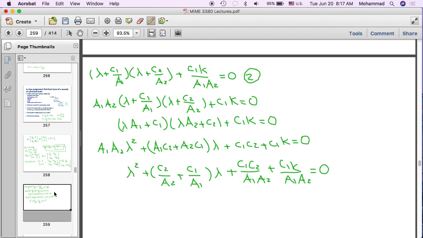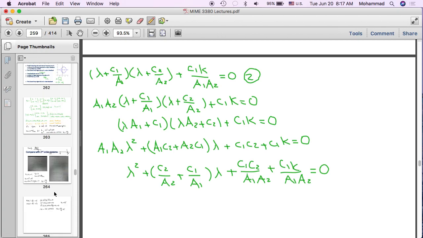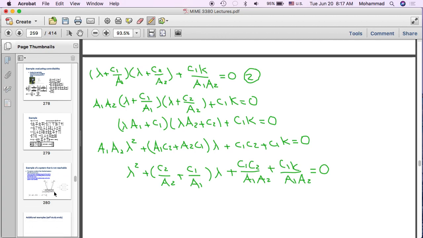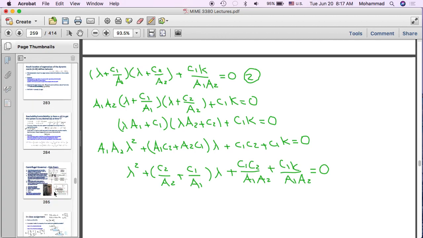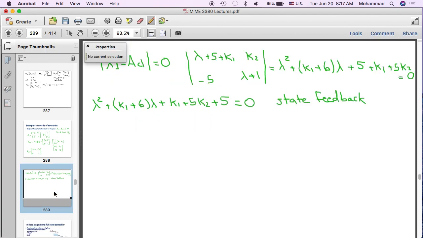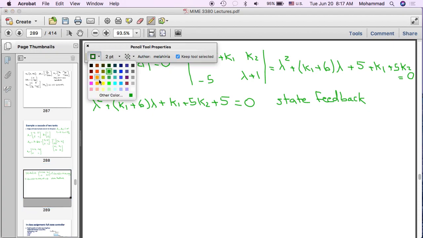So if someone would read this equation to me, I'm going to write it down under the other characteristic equation we got from state feedback and compare them side by side. So I do remember we had lambda squared. So what is next? It was C1, C2 over A2.